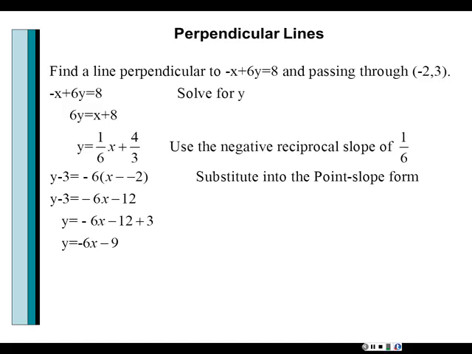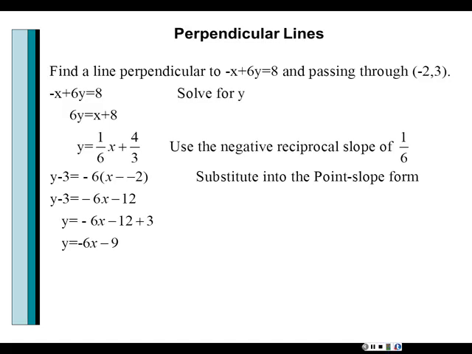The reciprocal of 1/6 is 6, just 6, right? Because you do the reverse. You just make the numerator the denominator and the denominator the numerator. So you will basically do the reciprocal and put a negative sign.